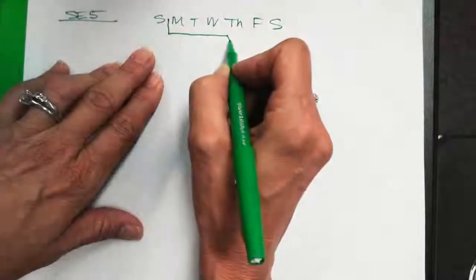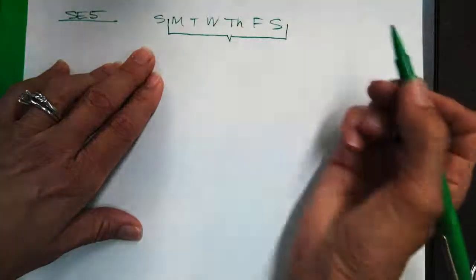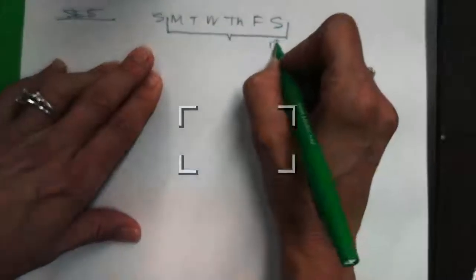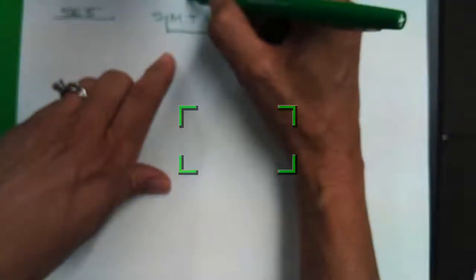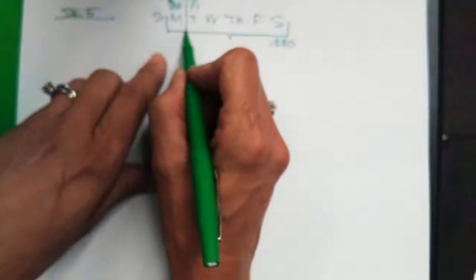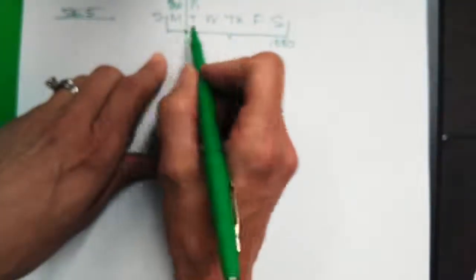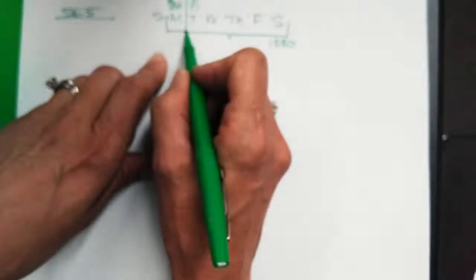So here's a 6-day work week, and $13.80 will be paid out on Saturday. Then the problem says that July 1st is Tuesday. So if July 1st is Tuesday, that means June 30th is on Monday. And June 30th is the end of our month that we're trying to do financial statements for. Okay? So here's the best we can do.